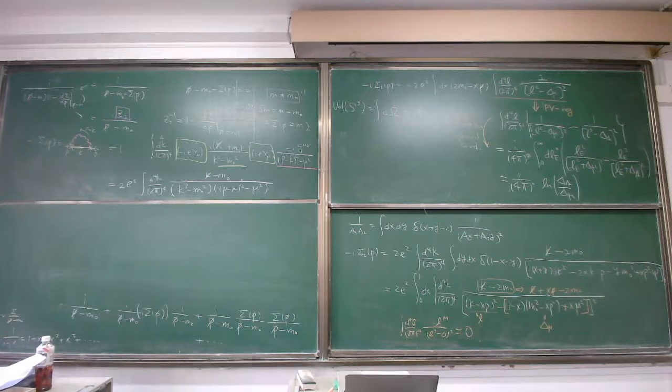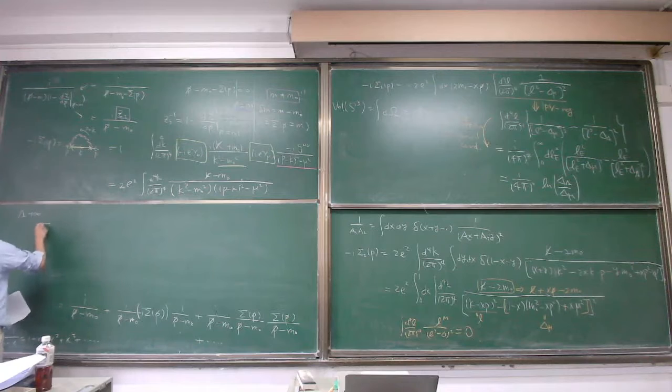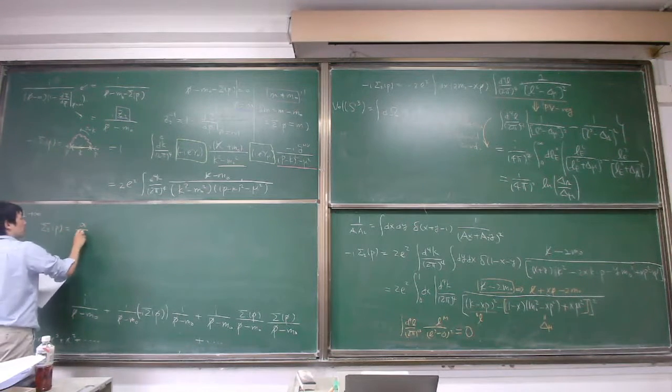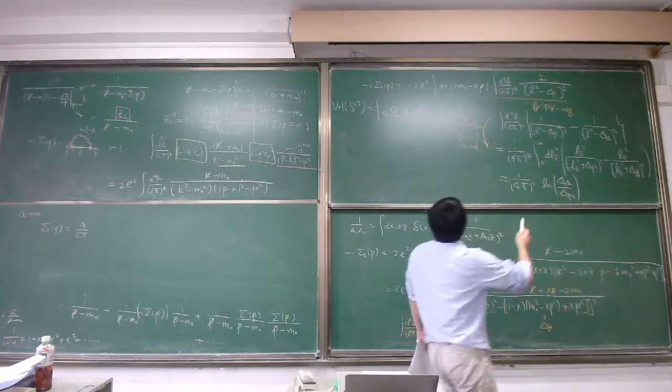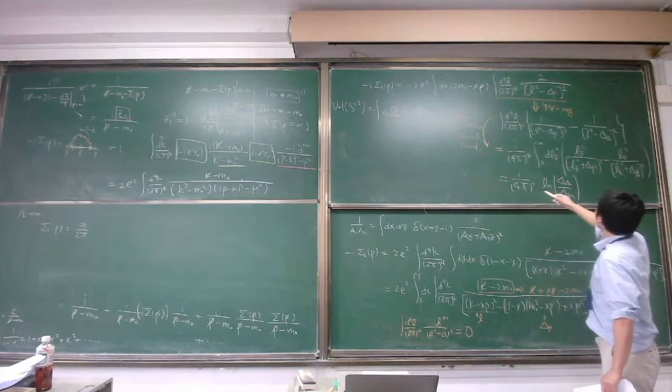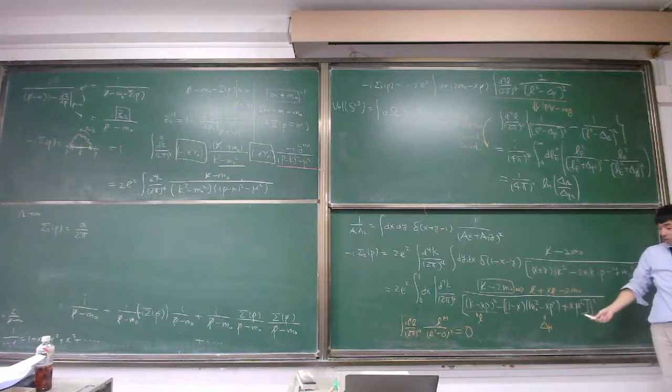So now also we will take lambda goes to infinity. When you take lambda to infinity, this Σ₂(p) can be written as follows. So α over 2π, and this integral, we plug that in here, and if you take lambda to infinity, what matters is only this term.